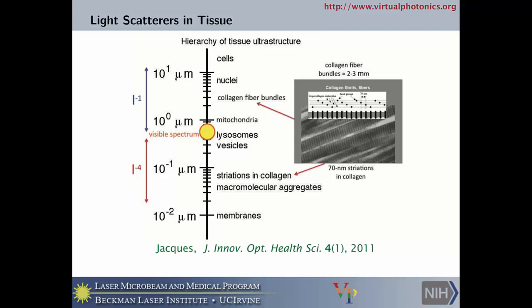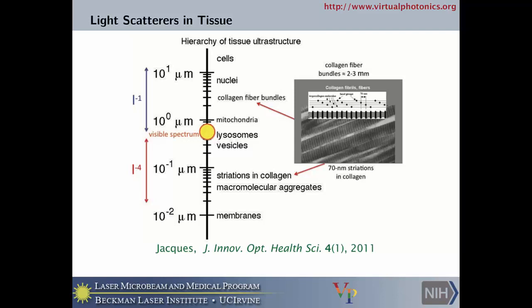These striations are actually tightly regulated in many organs, the cornea being one of them, because your cornea is perfectly transparent. In order to keep the cornea transparent, you have to really regulate the refractive index variations within the cornea. Of course, these molecules aggregate and form larger structures, such as a ligament or tendon or your skin.